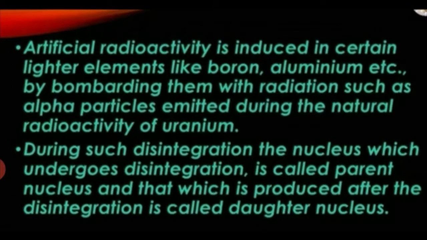Artificial radioactivity is induced in certain lighter elements like boron, aluminum, etc. by bombarding them with radiation such as alpha particles emitted during the natural radioactivity of uranium.